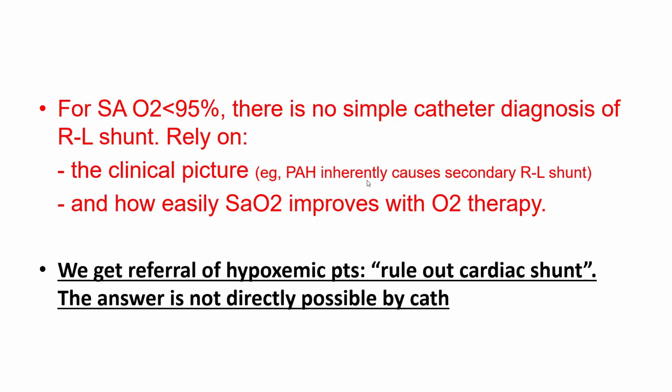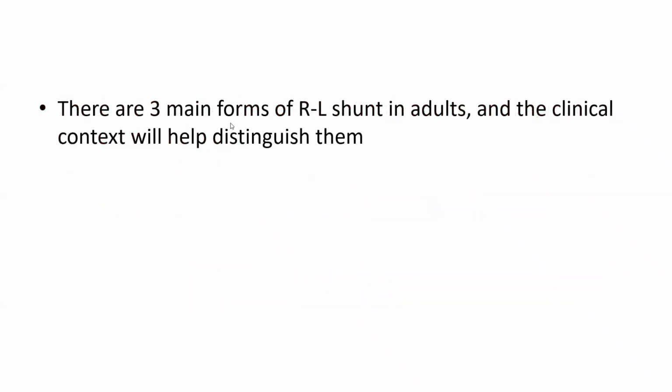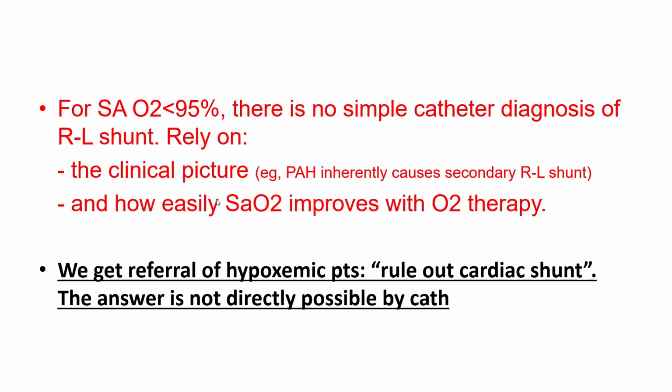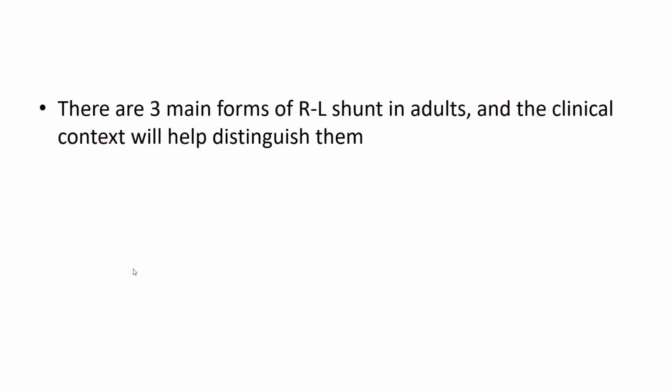PAH with hypoxemia is frequently and almost inherently associated with pop-off right to left shunt, as I will explain later, and rely on how easily that arterial O2 saturation improves with O2 therapy. Okay, so we diagnose in the cath lab left to right shunt, not directly right to left shunt, which is more clinical picture and clinical maneuvers. There are three main forms of right to left shunt in adults, and the clinical context will help distinguish them. I will elaborate on those a little bit later.